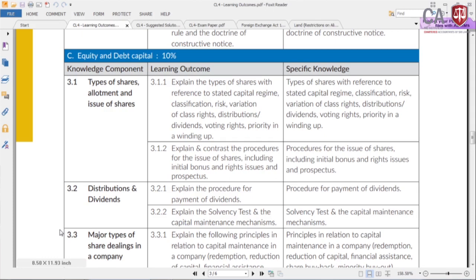Then also we have covered to understand, explain and contrast the procedures for the issue of shares, including initial, bonus and rights issues and prospectus, with specific knowledge on those procedures.